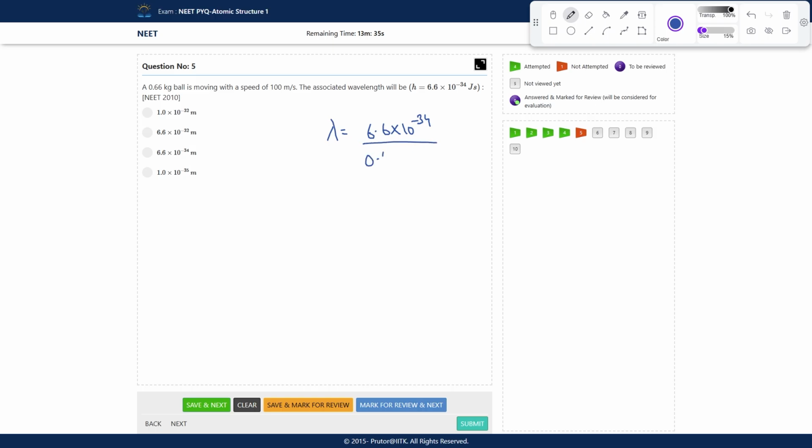Mass is given as 0.66 and velocity is 100 meters per second. So this will be cancelled out and it will be 1 times of this. Therefore 1 into 10 to the power minus 35, which will be option number D. Okay, moving on to the next one.